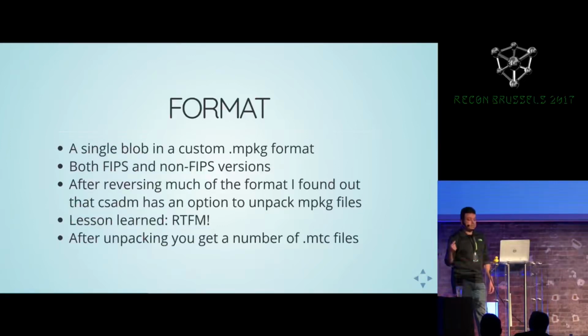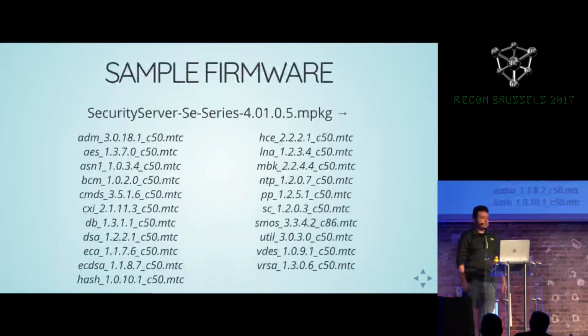So first lesson learned, always read the funny manual. And after unpacking this MPKG, you get a number of MTC files. These are, for example, the MTC files from the latest firmware for the SE series.